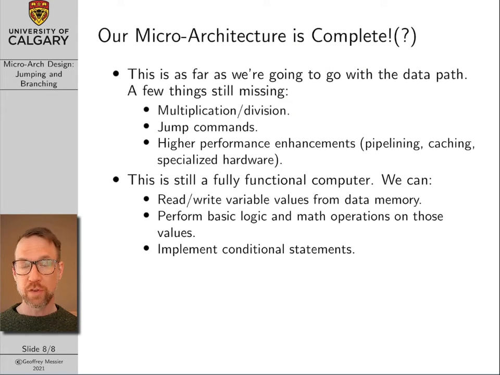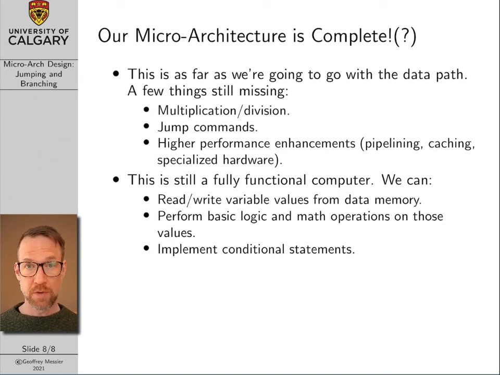Okay, so we're finished. This is as far as we're going to go with our microarchitecture design. And you might say, well, wait a minute, there's a whole bunch that we have left to do. And you're right. If you look in the AVR instruction set manual, there's a whole bunch of instructions in there that we haven't talked about.